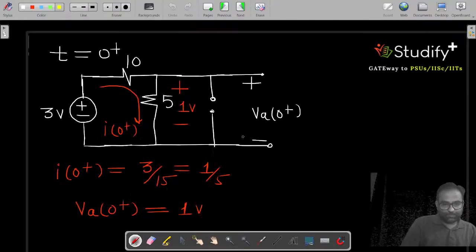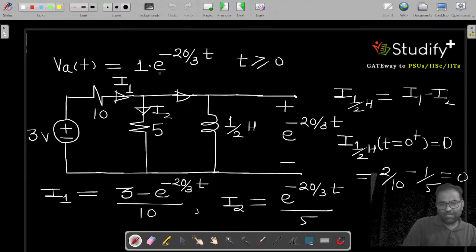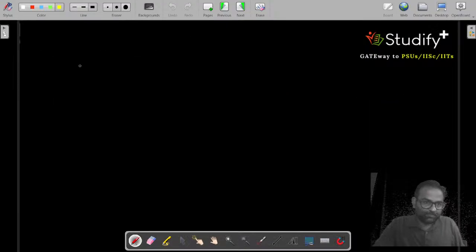Now let's draw the remaining parameters. What is the situation of current across I1? The situation of current across I1 is given by, let's say I am interested in I1.